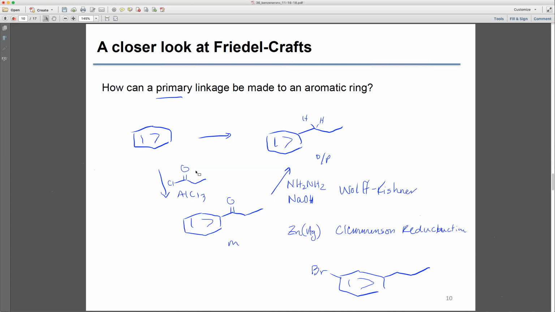So it's a mixture of zinc and mercury, and then HCl is thrown in there. And so this does the same thing as the Wolff-Kishner, but under acidic conditions. So we have these complementary reactions that have different conditions here. So in case you see that, either one of them will work.